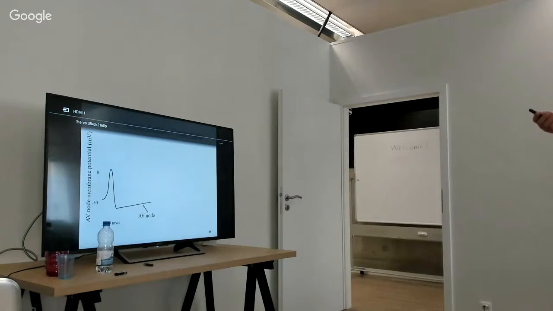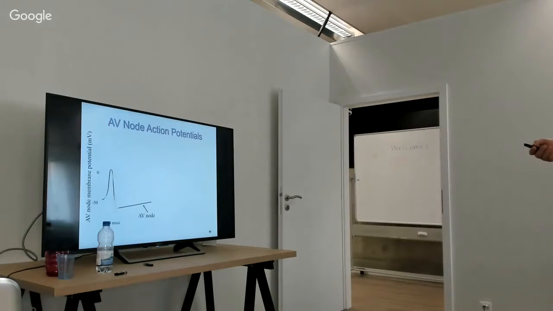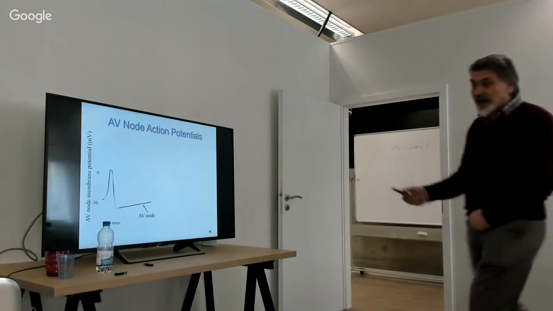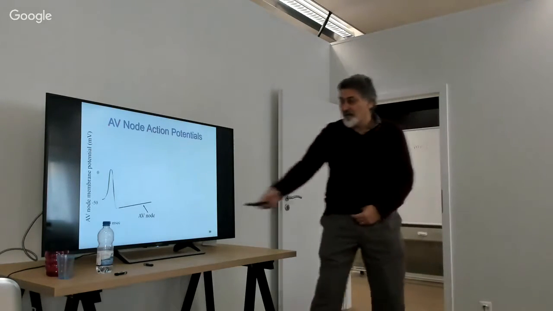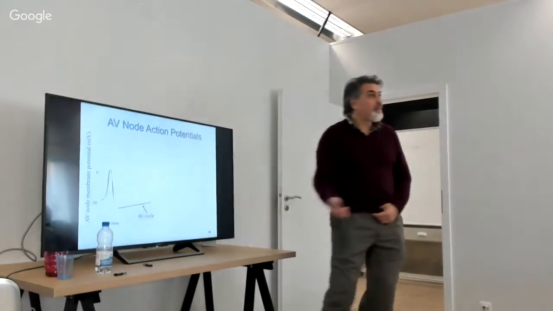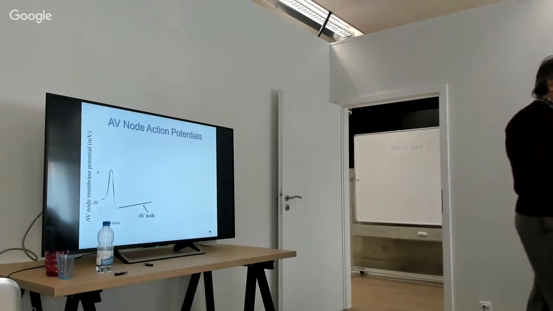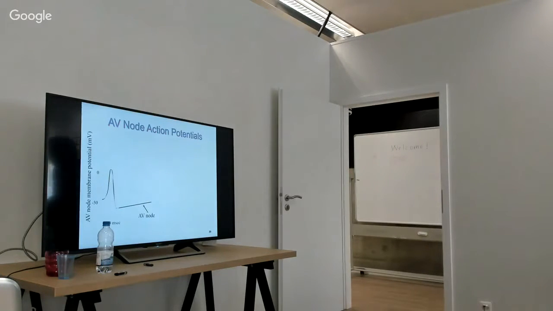The atrioventricular node has something similar, but it has fewer funny channels, and so it's slower. If I destroy the sinoatrial node, I will not die, because the atrioventricular node can become the pacemaker. Instead of 70 beats per minute, I will have 55 beats per minute.